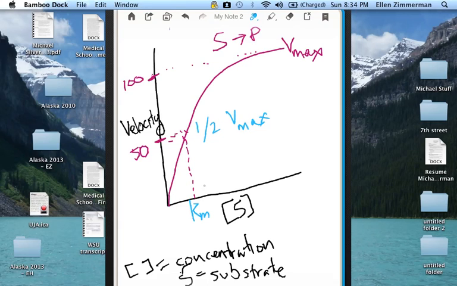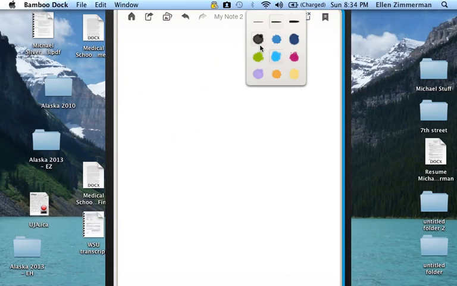So what the Km means is whatever the substrate concentration is at 1/2 maximum velocity. We'll deal with numbers later, but the value of Km is based on the substrate concentration at 1/2 Vmax. That's something important to remember. So let's clear this and we'll go make some more notes.